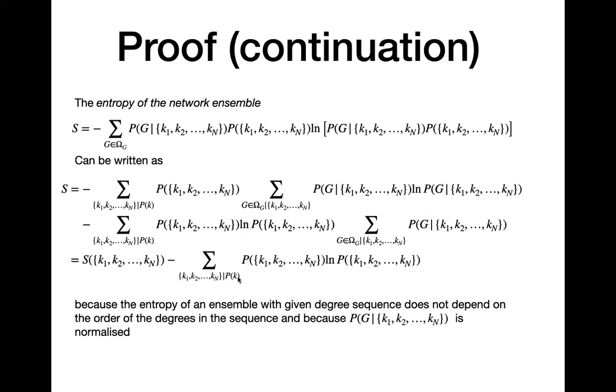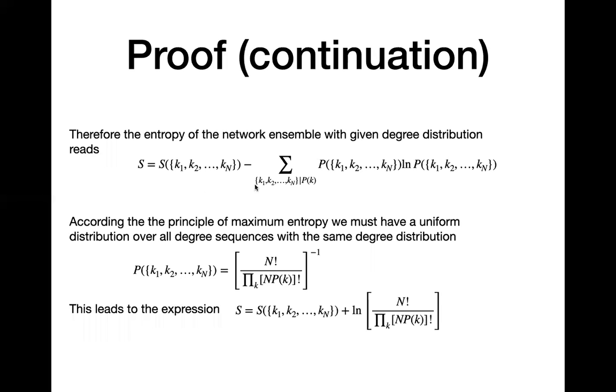it's quite easy. So now we have this expression, and we notice that the probability of observing a given degree sequence when this degree sequence is drawn from the same degree distribution is just the inverse of the number of ways in which you can achieve a degree sequence starting from a given degree distribution, that is given by this multinomial distribution.